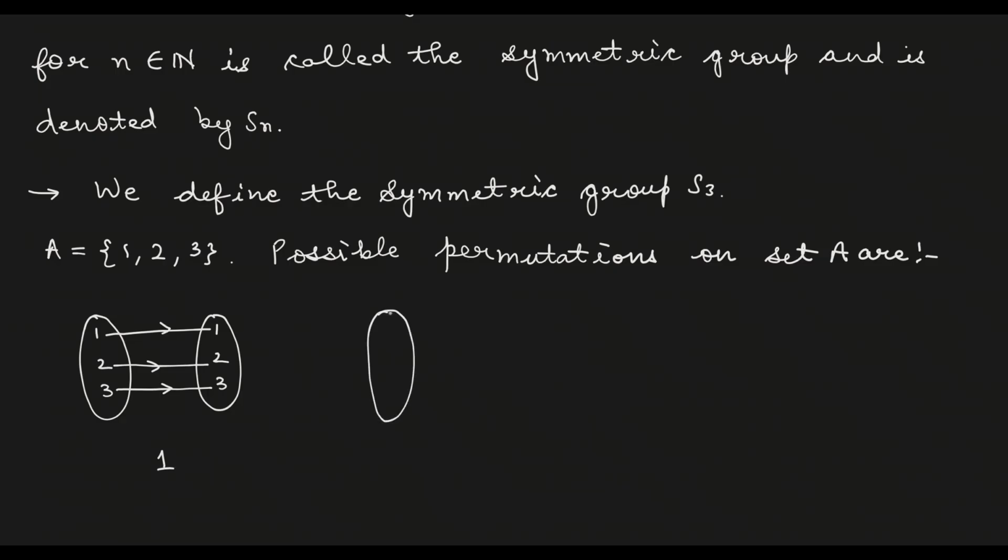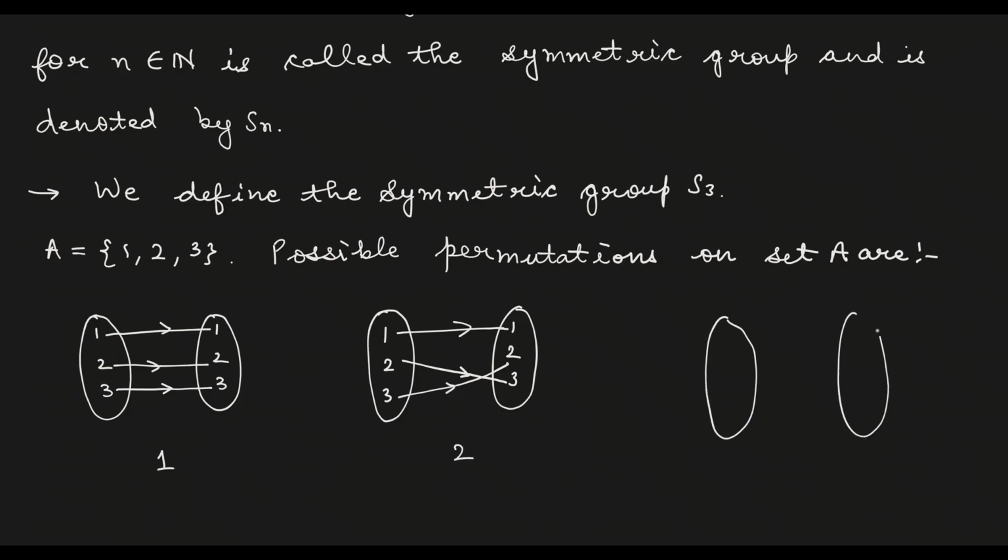Second possibility is 1 is mapped to 1, 2 is mapped to 3 and 3 is mapped to 2. Third possibility, 1 is mapped to 3, 3 is mapped to 1 and 2 is mapped to 2.